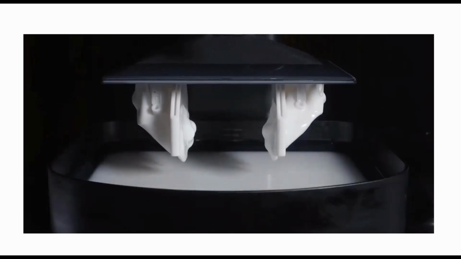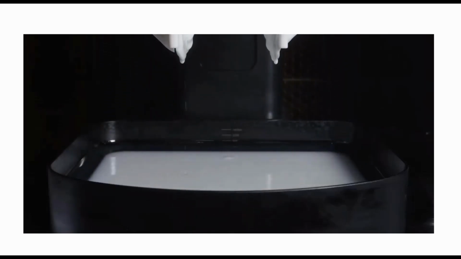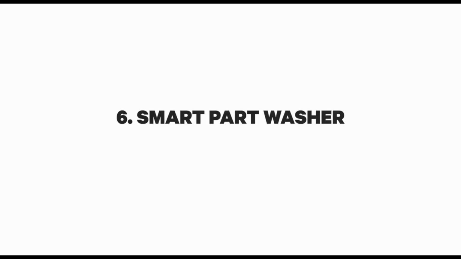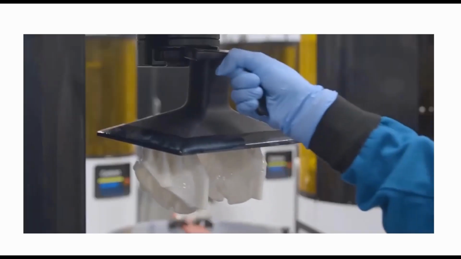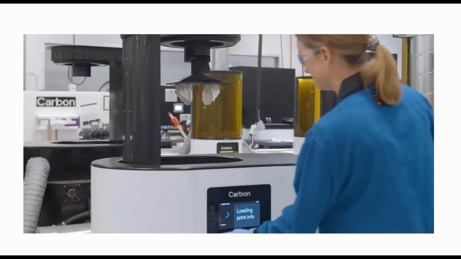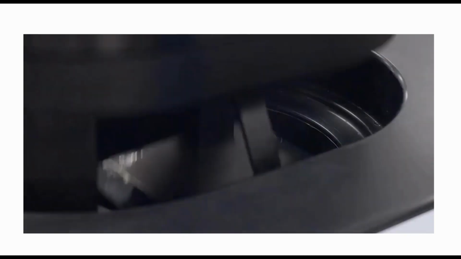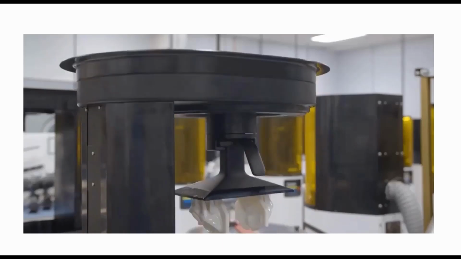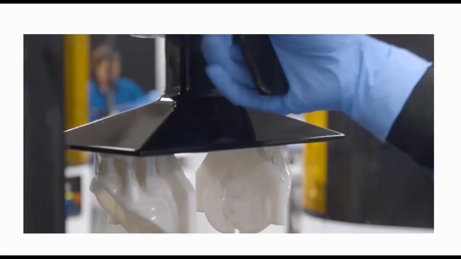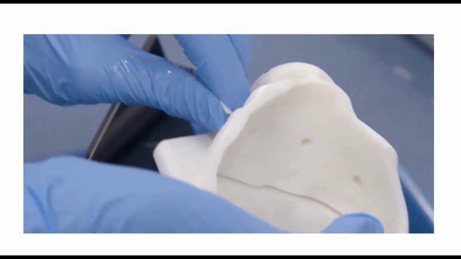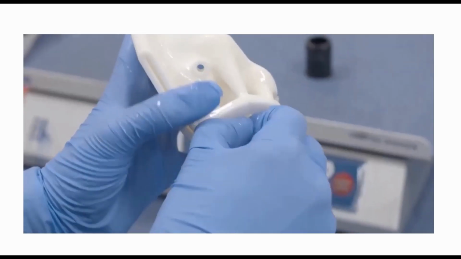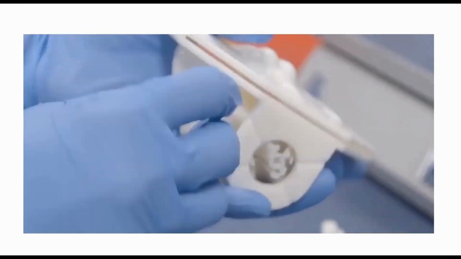After those 2 hours and 25 minutes, we've finished our print and we are ready to wash the parts on the Smart Part Washer. I'm loading the M2 platform directly into the part washer and starting the wash. Once the wash is complete, we can remove the platform from the part washer, and then we'll remove the parts from the platform and remove supports from the part.